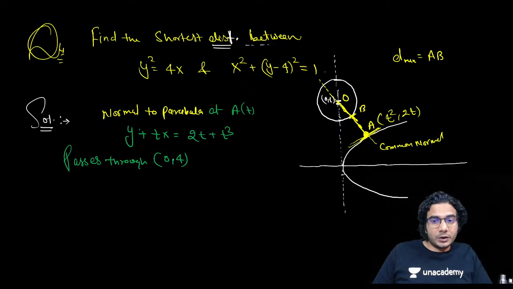So we need to put 0, 4 in this. If we put 0, 4 in this, actually I've given the values randomly, so I don't know. Let me change, let me see if we are getting it.